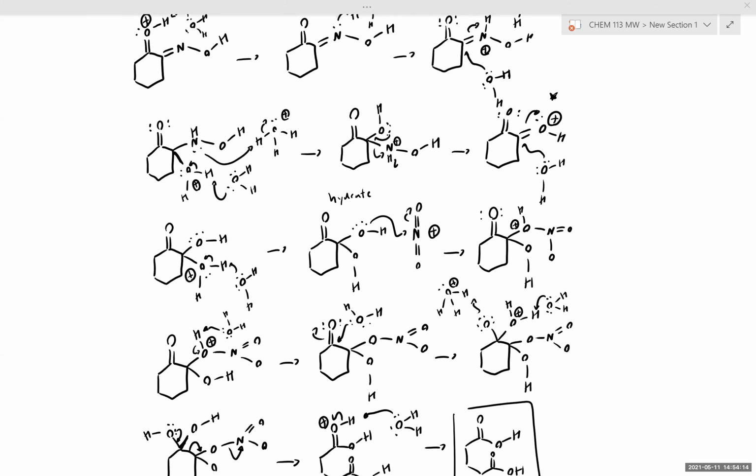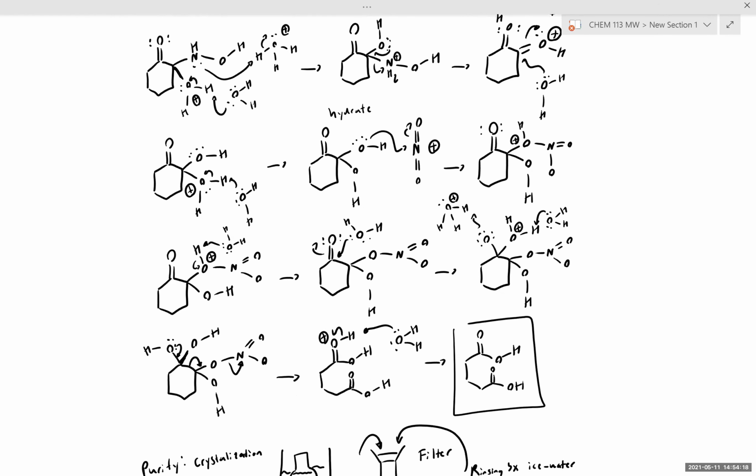From here, we generate a second hydrate, and this time when our hydrate collapses, we don't lose water, and we instead break our carbon-carbon bond and oxidize this alcohol further to the carboxylic acid oxidation state.